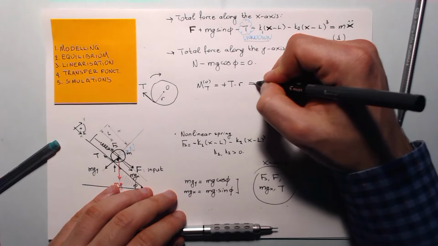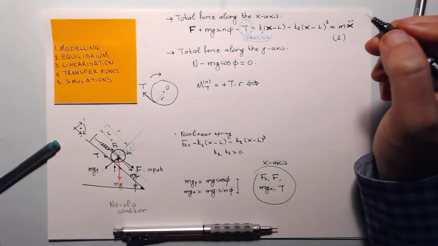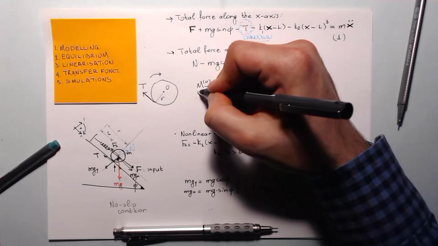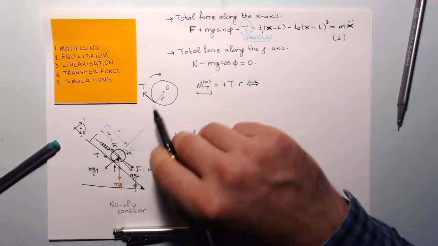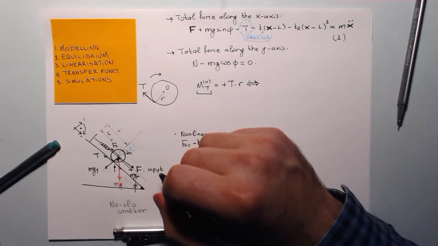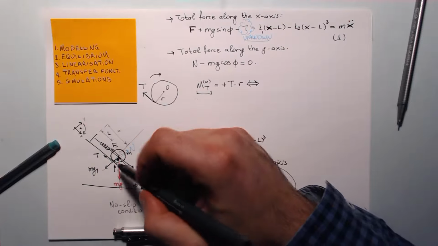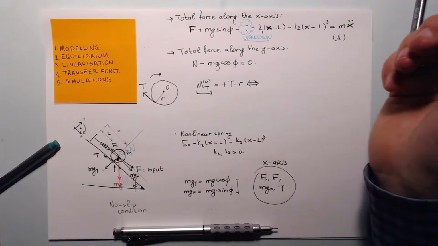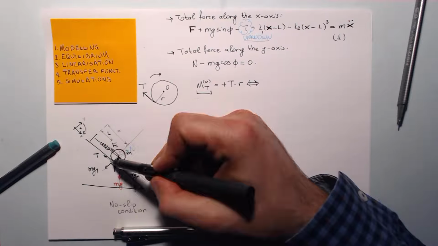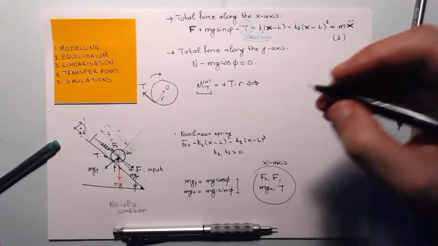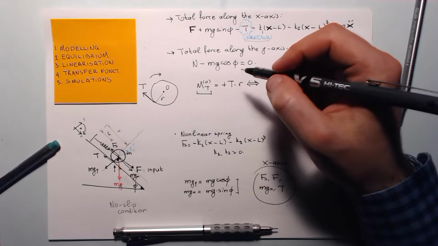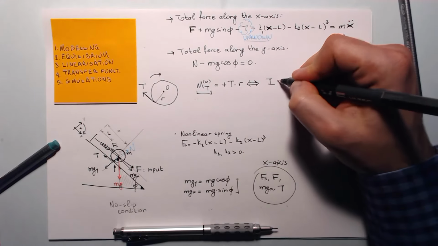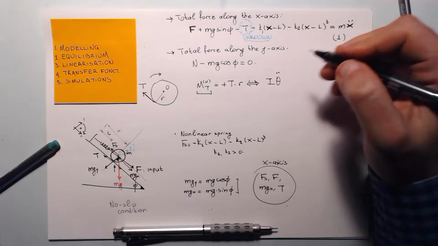Brilliant. And we know from the rotational counterpart of Newton's second law of motion that the total torque, and this is the total torque, no other force, none of the other forces generates a torque. The reason is that all of these other forces run through this point O, so the only force that has the tendency to rotate the object is T. So we know from the rotational counterpart of Newton's second law of motion that this is moment of inertia times angular acceleration.